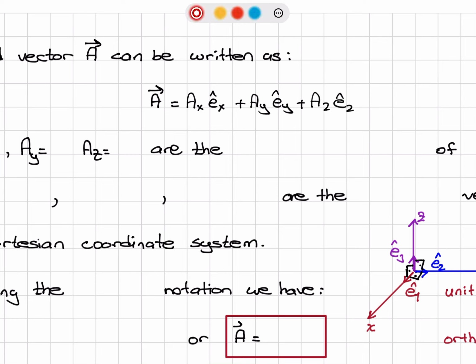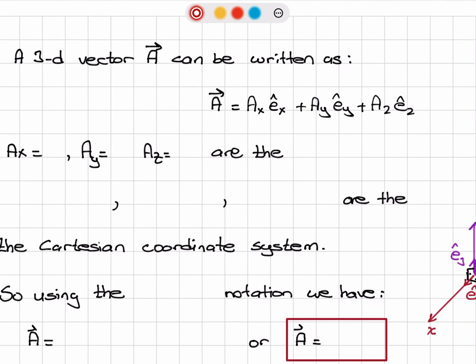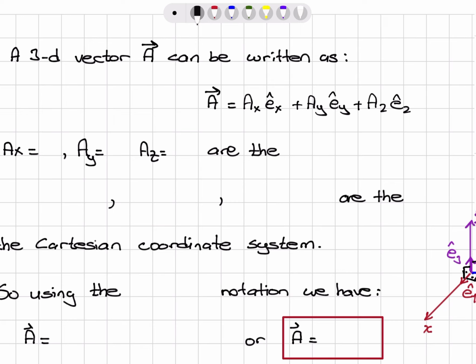So this is written in terms of its components, x component, y component, and z component. So we have the x component is the first component, a sub 1, y component is a sub 2, and z component is a sub 3.